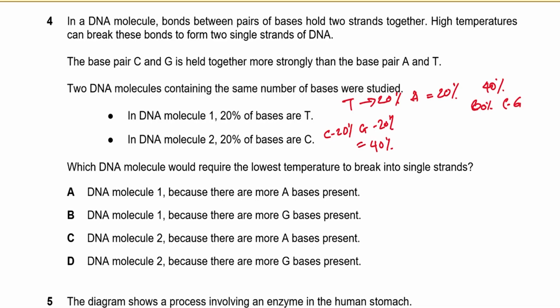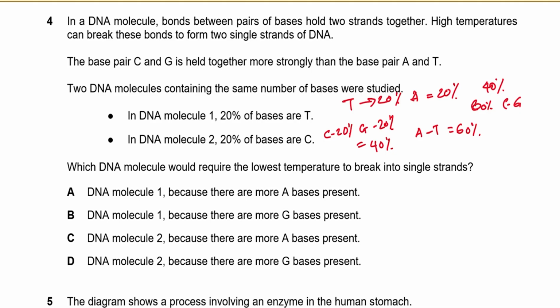Now, the remaining percent is for base A and base T. So base A and T will exist at 60%. Okay? So the question goes again to be, which DNA molecule would require the lowest temperature to break the strands? Now we want the one that will only be broken by what? By the lowest temperature.